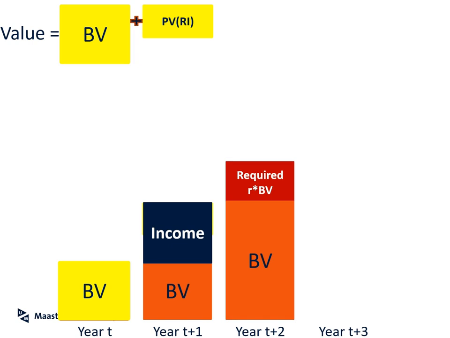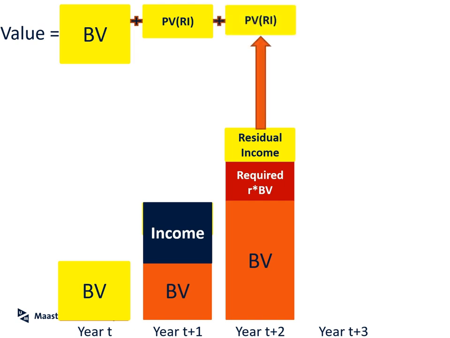So if we invest more, we also expect more in terms of profits. So if we reinvest and the income gets added to our book value, this will also increase the required return. Our investment increases, so also our required profits are increasing. Still then, if we earn more, we again have residual income, and we also add the present value of the second year residual income to the value of the company.